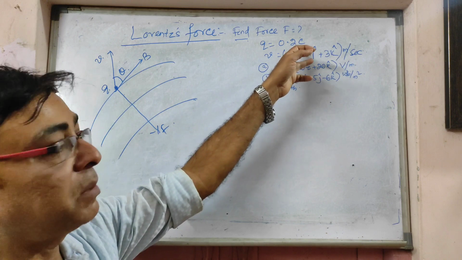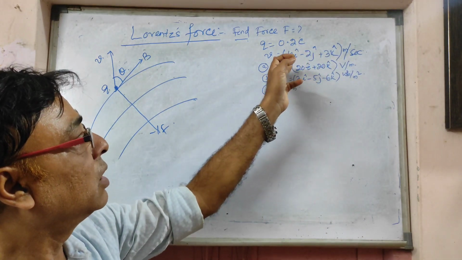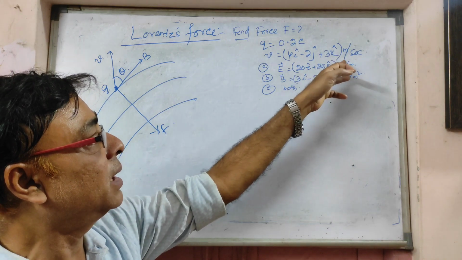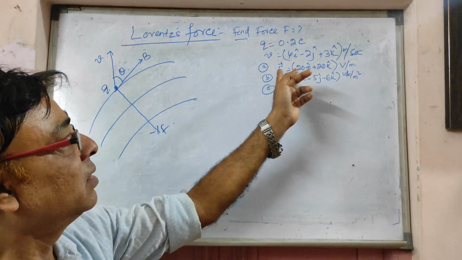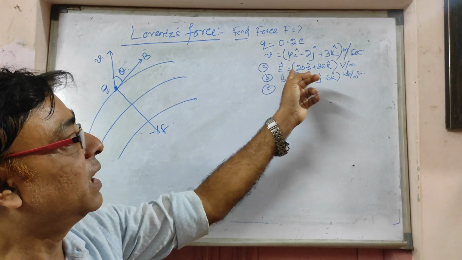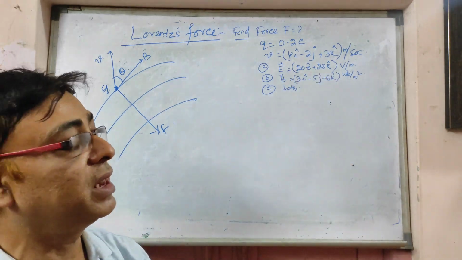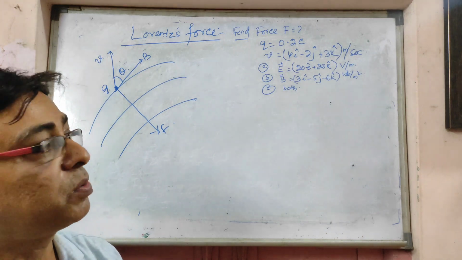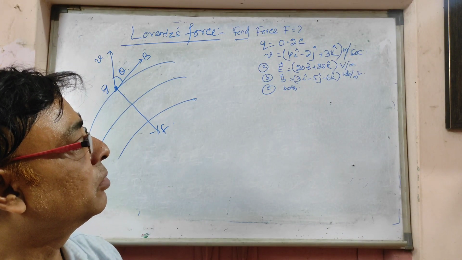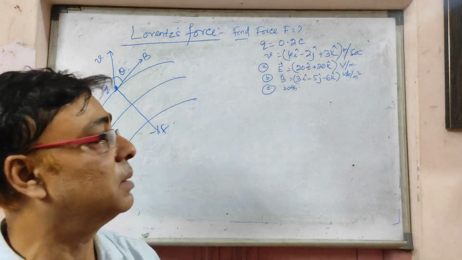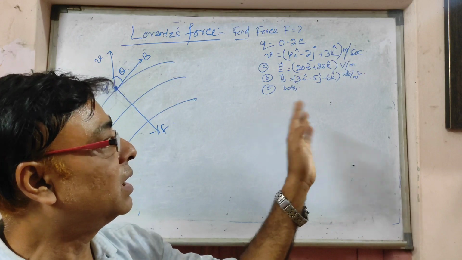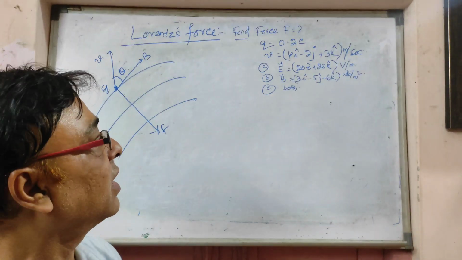The charge is 0.2 coulomb, the velocity is 4I minus 2J plus 3K meter per second. First, we have to find the force on the charge due to the electric field alone, which is given by 20I plus 20K volts per meter. Second, the magnetic field is given by 3I minus 5J minus 6K Weber per meter square. Then we have to find the resultant force acting on the charge.